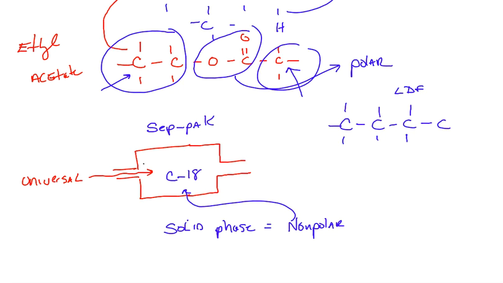Basically we're going to do that with the solvent that's already in there, the same solvent that is in here, and also with the universal indicator, we're going to push the solvent through. Now the solvent is going to be pushed with the universal indicator, and we're going to give the universal indicator choice to either stay with the C18 if in fact you have nonpolar characteristics, or go with the solvent.